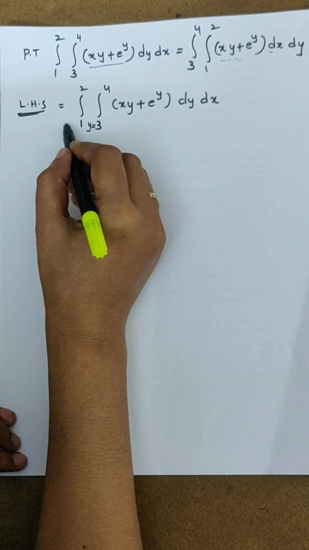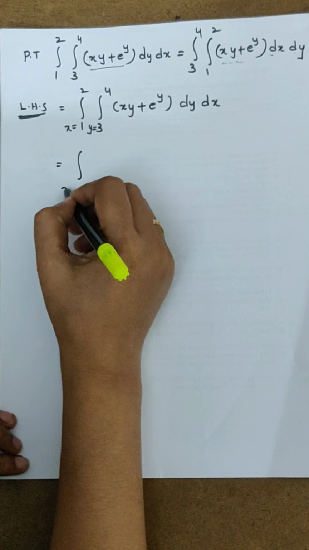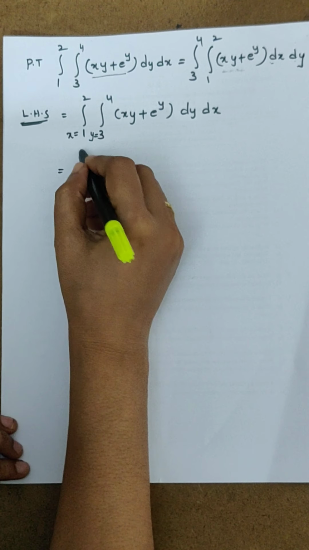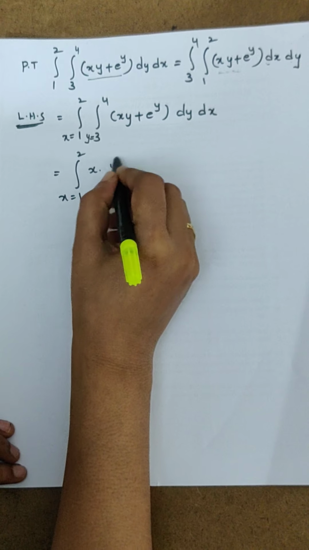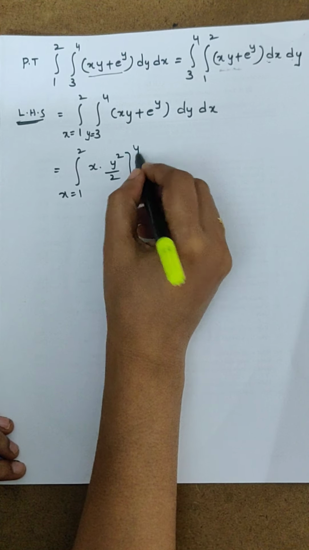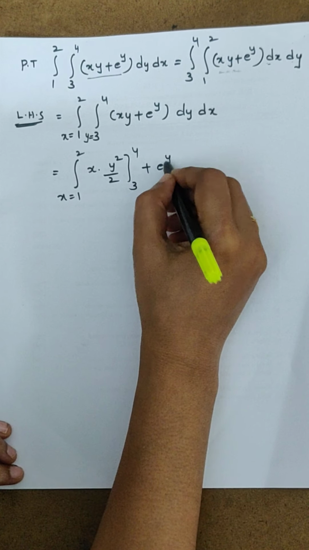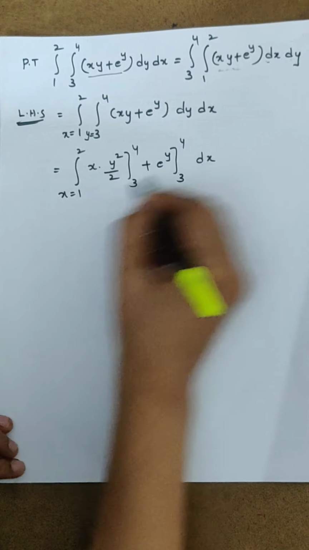Later x limits. So do it first with respect to y by keeping x constant. So x into y square by 2, here y limits are 3 to 4, plus integration of e^y, e^y, limits 3 to 4, dx.